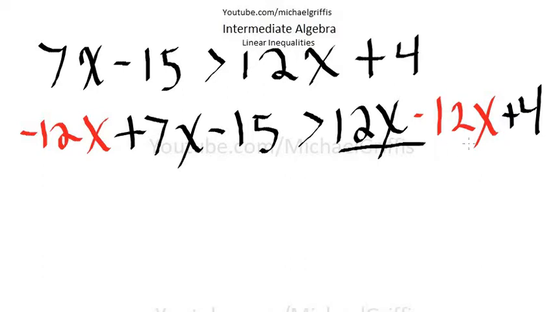Okay, so as you can see here, they're going to cancel out, right? And you're going to be left over here on the left hand side with negative 12 plus 7. Since they're both like terms, we can just add their coefficients.